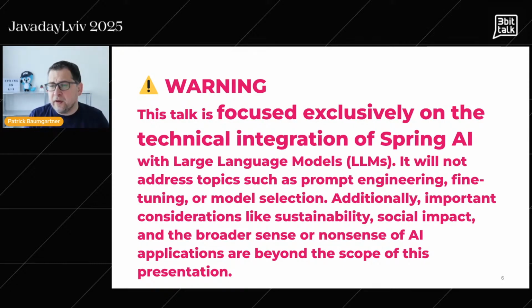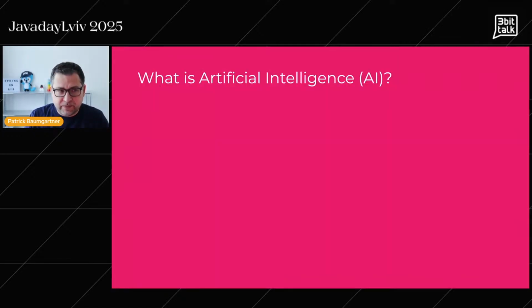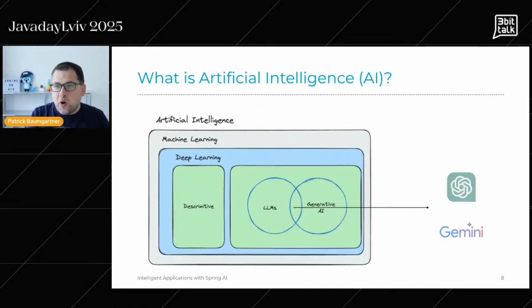I'm definitely going to show several examples so you can get an idea of how simple it is to integrate different LLMs. Probably you know what artificial intelligence is because we have been using it already for two or three years, and there are big tools out there. Artificial intelligence is a huge area where machine learning and deep learning are also part of it.